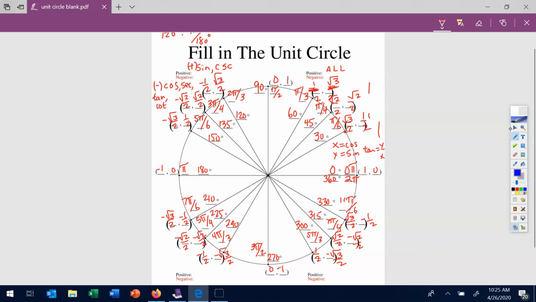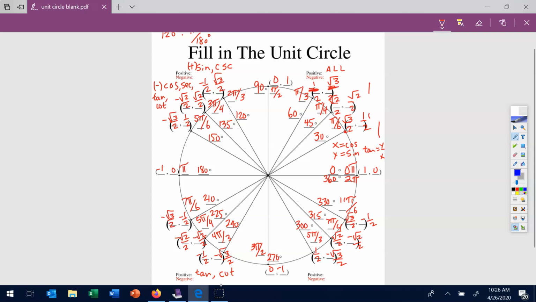For quadrant 3, what's positive? Well, tangent is positive because of y divided by x. Negative divided by negative is positive. And always remember that the reciprocal of a trig function is always the same sign. So tangent is positive, so is cotangent.